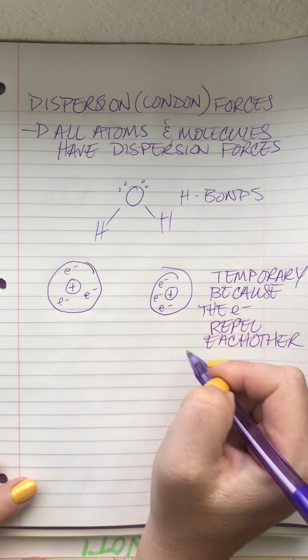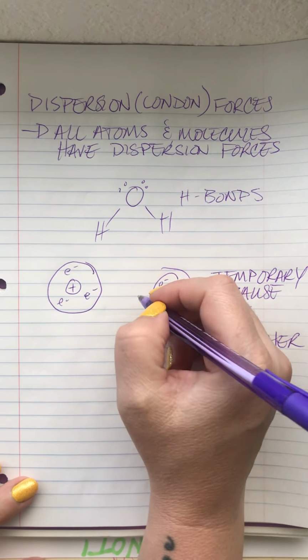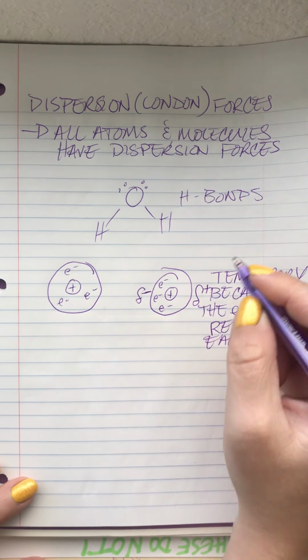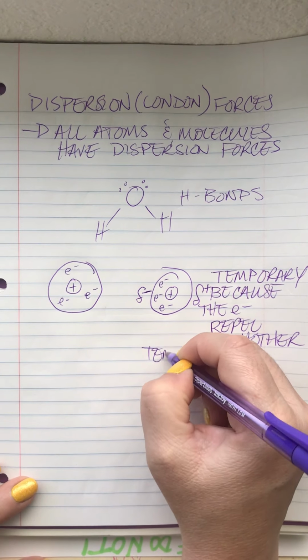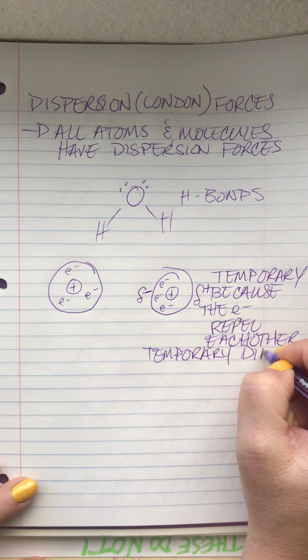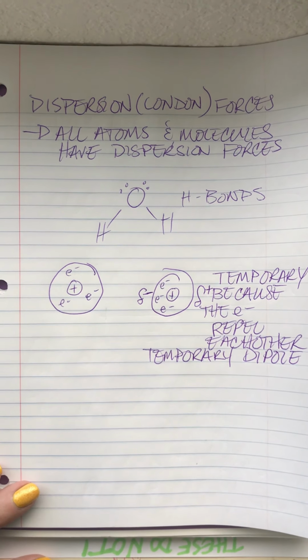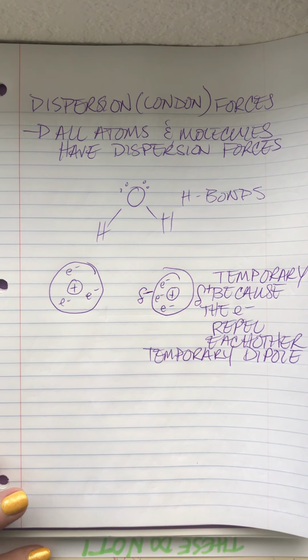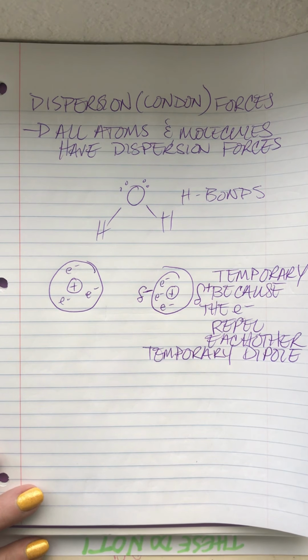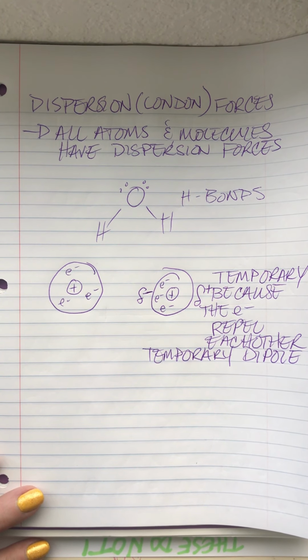When you have this kind of temporary arrangement, you get what's called a temporary dipole. Right? So even though this arrangement of electrons is not favorable, which means that it's not super probable, it can happen. Does that make sense? You guys tracking live with me?